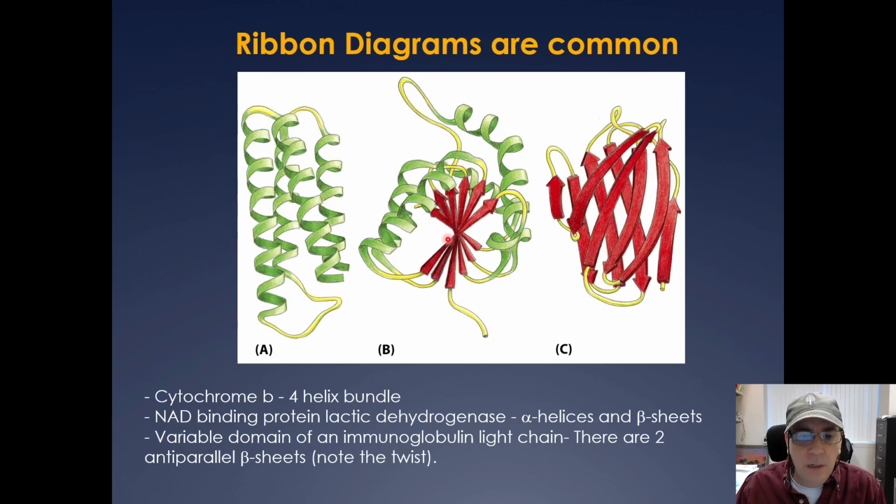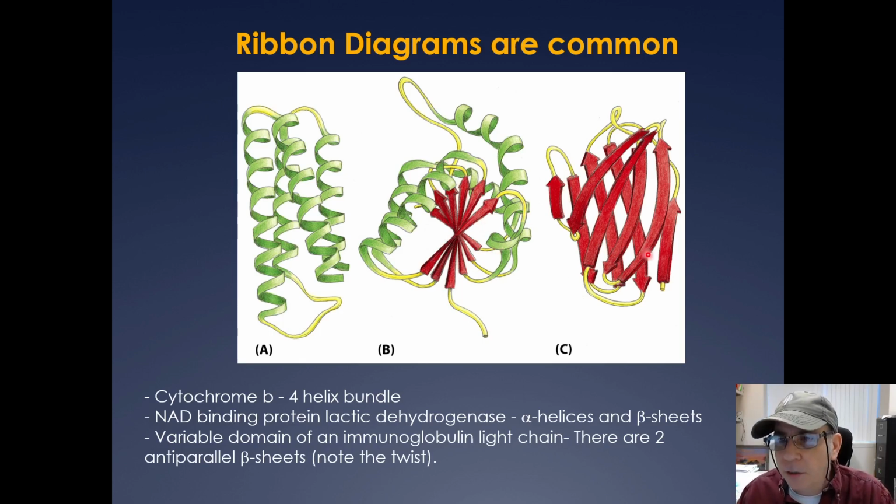Here is an NAD binding protein, lactate dehydrogenase, and this is composed of alpha helices and beta sheets. One thing I forgot to mention is that when beta sheets form, due to the hydrogen bonding, they produce a twisting fashion, and that twist is required for the hydrogen bonding to occur.